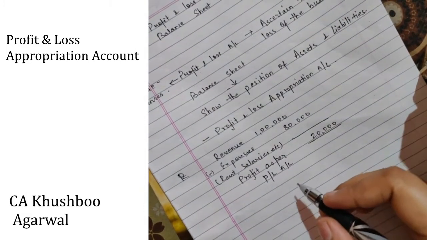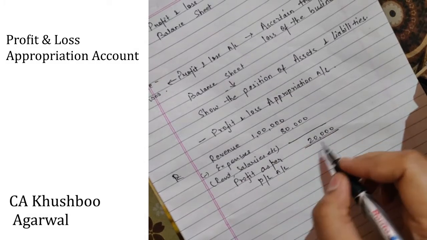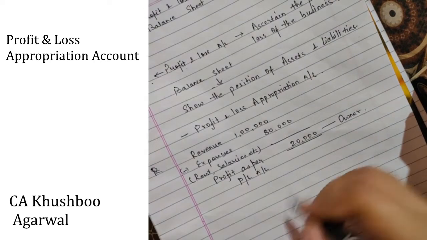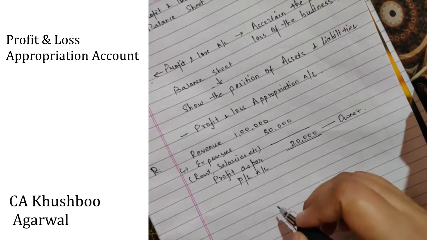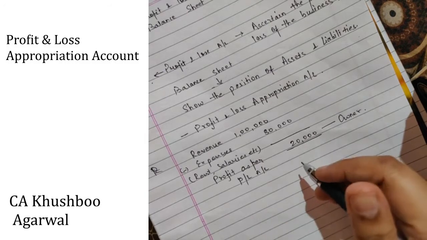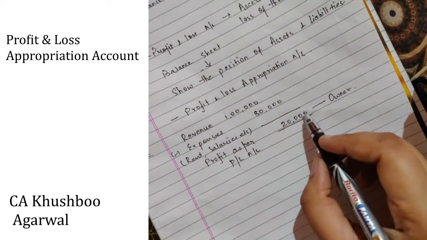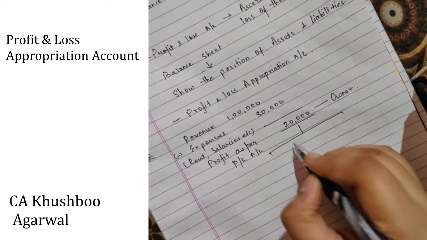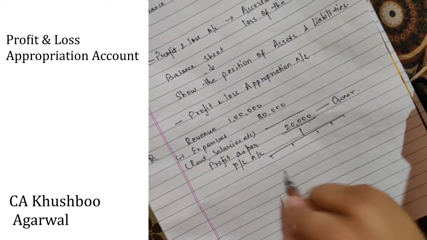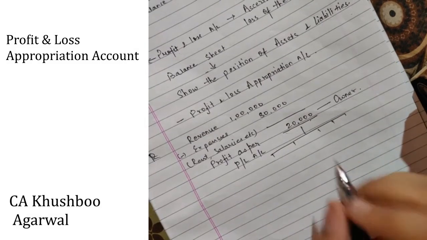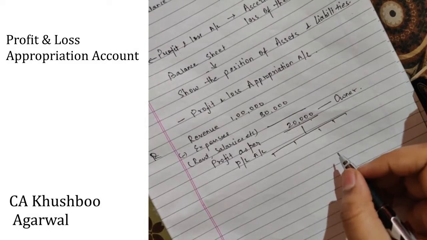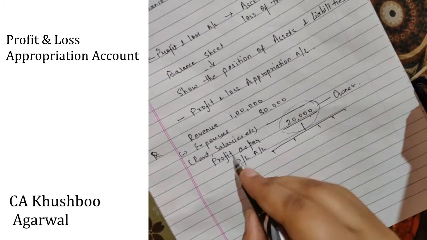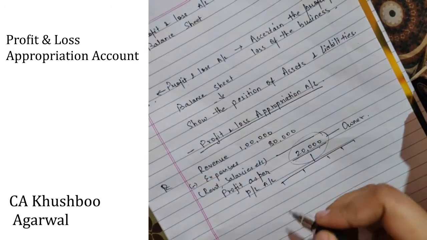Now, if it is a sole proprietorship business, this entire 20,000 profit belonged to the owner and it was directly added to the capital. But in case of partnership firm, this profit of 20,000 has to be divided among all the partners in the profit sharing ratio as defined in the partnership deed. So, for dividing this total profit among the partners, we prepare the profit and loss appropriation account.